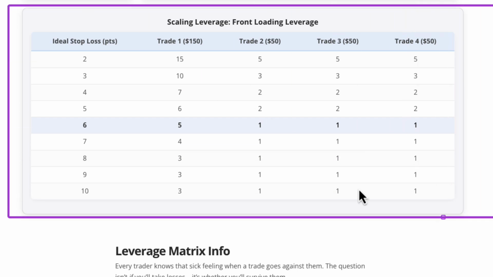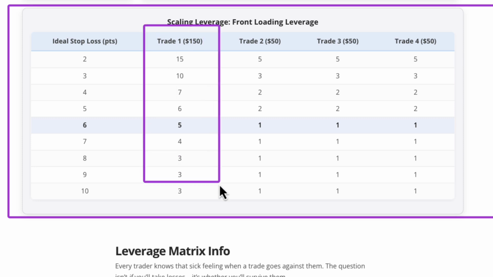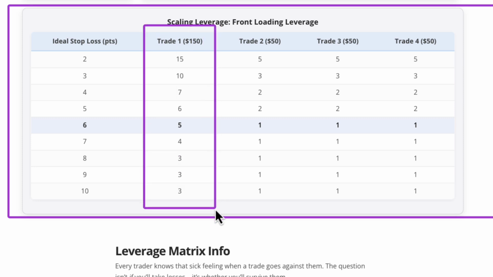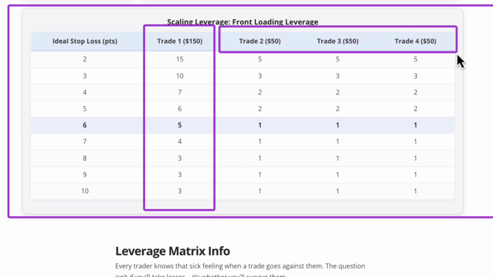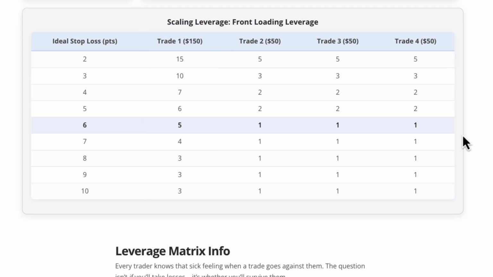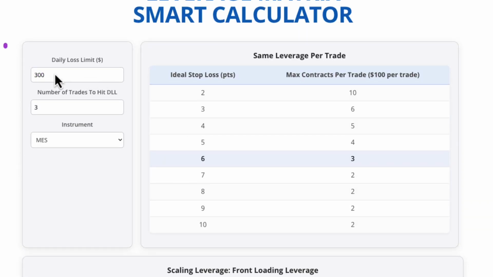This is set up in a way that your first trade is where most of your risk will lie, because you're fresh, you've mapped out your trades, you're live with us on Zoom, and we're calling out the price action. You're going to put your most leverage on your first trade. If that trade's a loss, the next 3 trades would be reducing your leverage, but staying within your predefined leverage metrics.